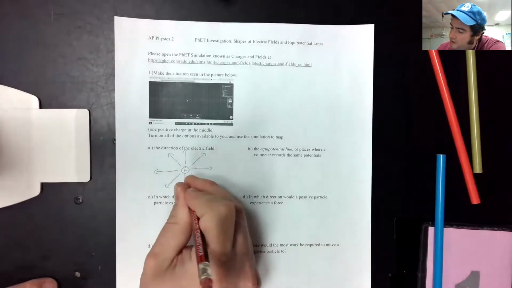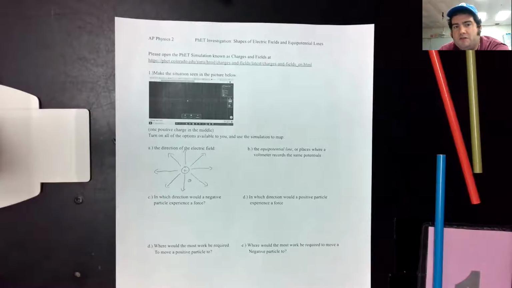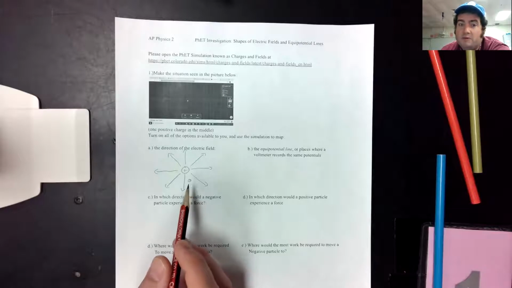Now, of course, a negative charge would be attracted by it. And we have to remember that when we draw electric field lines, electric fields affect both positive and negative charges. Negatives experience a force against the field. So we still draw it as if it's a positive charge. And we just have to remember that if we bring a negative here, the force is in the opposite direction.